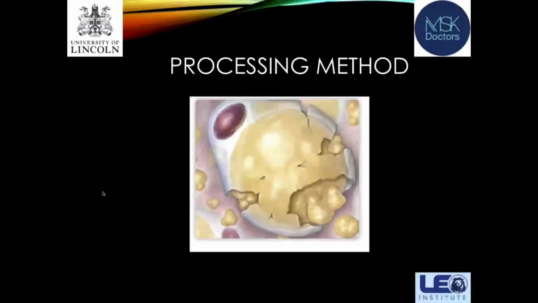Now, I must stress the importance of the processing method. This diagram shows that if we process the fat cells inappropriately, we end up breaking the fat cells. When the fat is released from the actual adipocyte, it may not be very good for the joint, because this liquid fat could become an irritant to the joint itself.